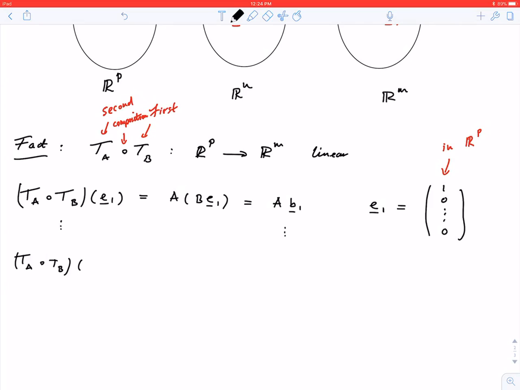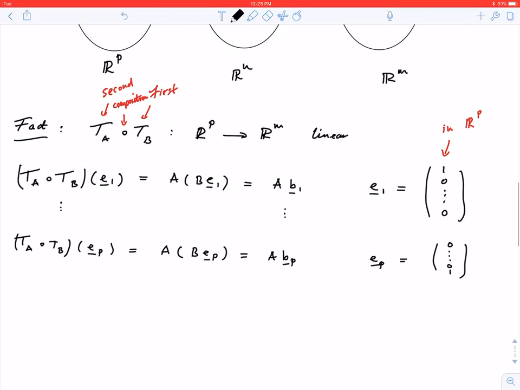It's really important that we've got a good grasp of what the standard matrix looks like, or at least how to define it. So this is A, B, E, P. There's P of them, remember, because we're in RP. This is the last one, so this would be A, B, P. And again, here, EP is equal to the last guy, 0, 1. So what does this mean?